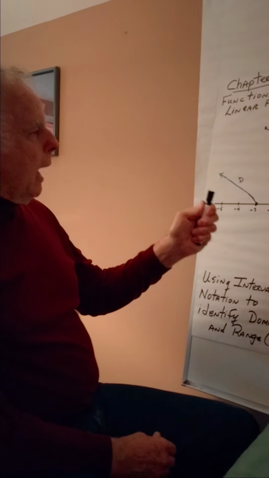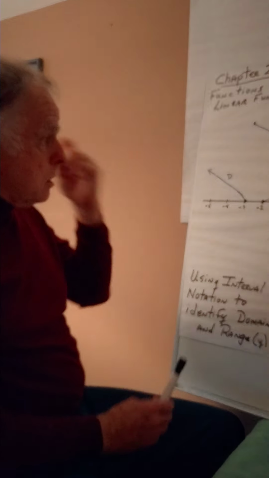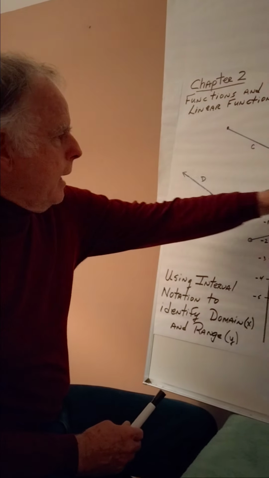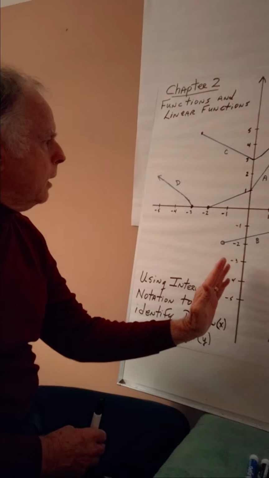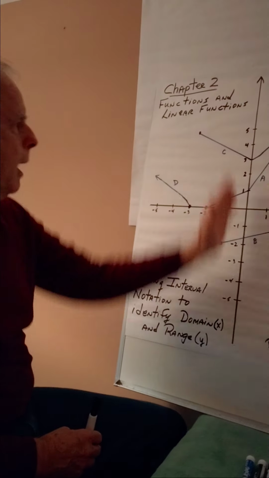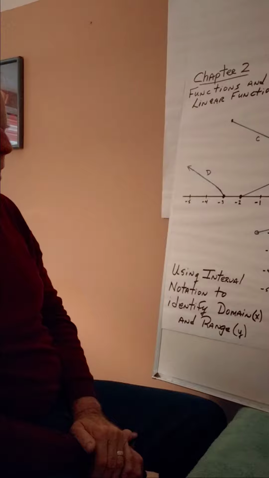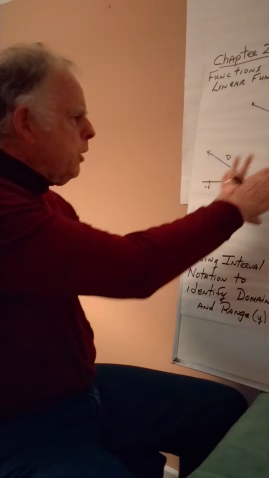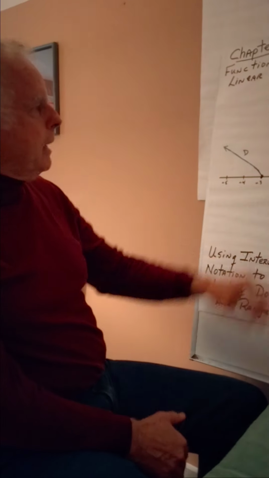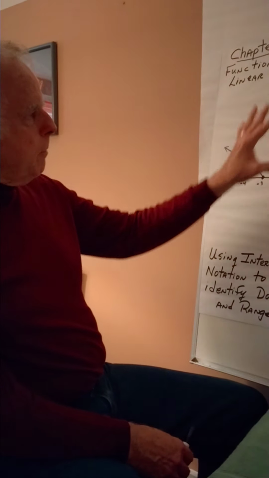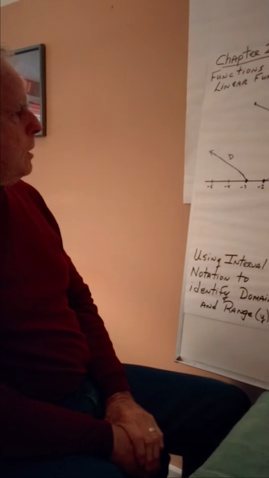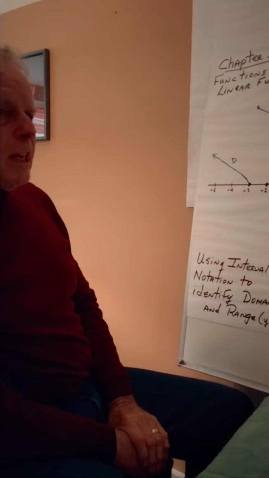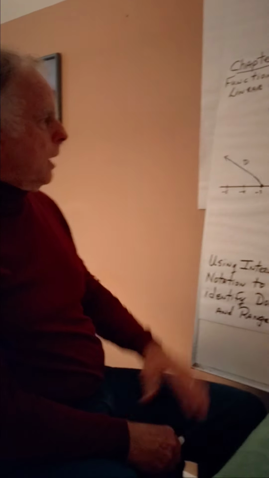And I'm going to try my best not to do a lot of marking up on the x-axis and try to limit my shading or my marking on the y-axis. So I'm going to try to do my best to not have to clutter this coordinate plane up and make it messy. Before we begin, let's just acknowledge that A, B, C, D, and E, they are all functions because they all pass the vertical line test.